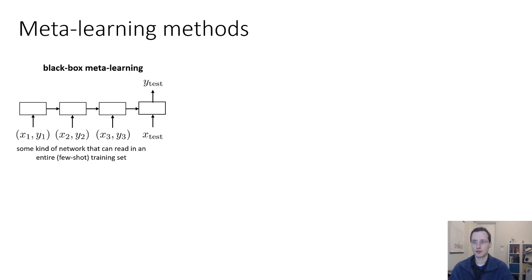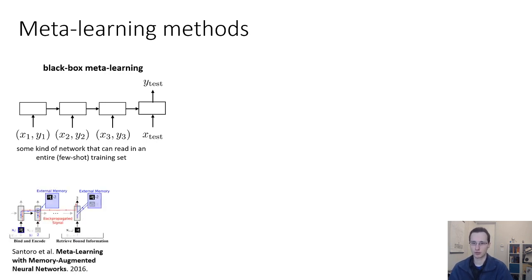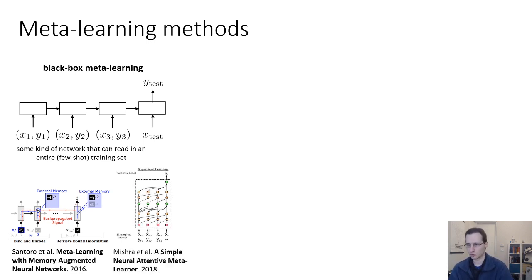Different methods that attempt to do this typically differ in the particular architecture that they use for the model that reads in this training set, because the training set in practice can be quite large. If you have 10-way, 10-shot classification, you need to read in 100 different x, y tuples, so you would need a fairly sophisticated sequence model. So people have used RNNs and LSTMs, memory models, so these are kind of fancy LSTMs that have an external memory, very similar to attention, as well as transformer-style models.